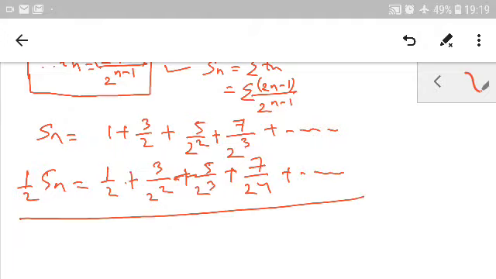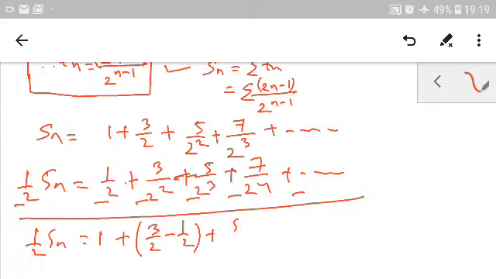Now what you do, you subtract. If I subtract, this will become minus, minus, minus, minus and minus. Now here half of Sn will remain directly. Now the first term will be 1, but the second term will be 3 by 2 minus 1 by 2, plus 5 by 2 square minus 3 by 2 square, clear?